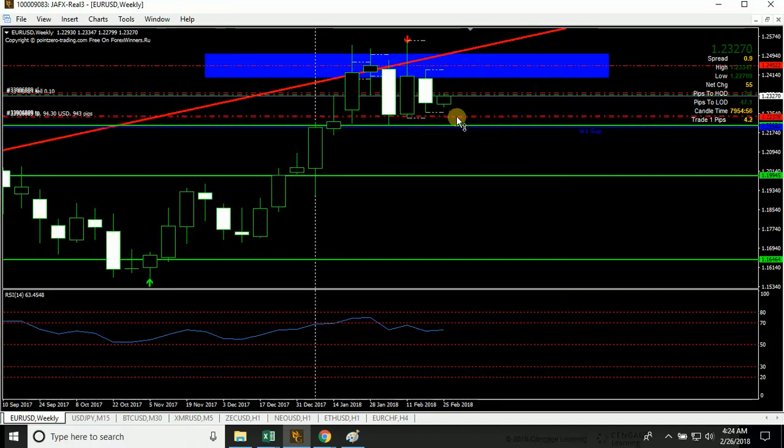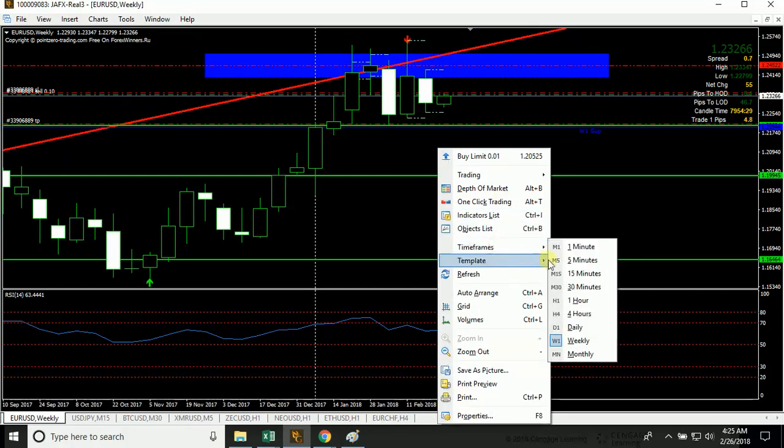But yeah, I see it coming down to at least right in here, if not lower. But you know, we'll see how the market plays its little game, as long as it gives me my money.